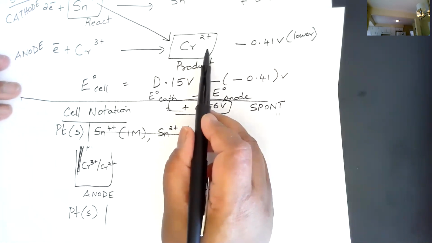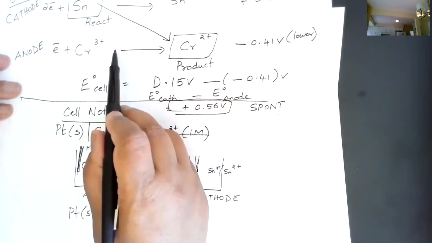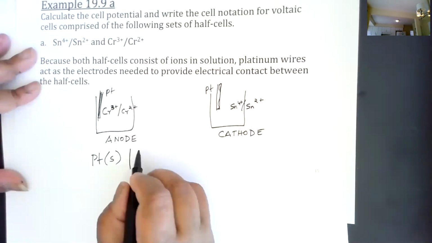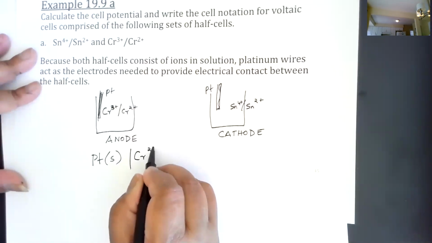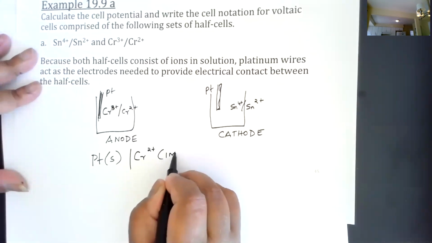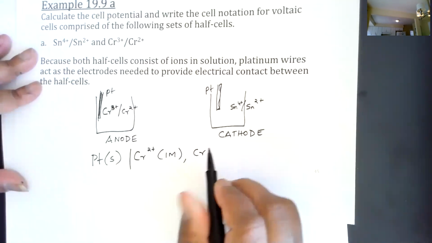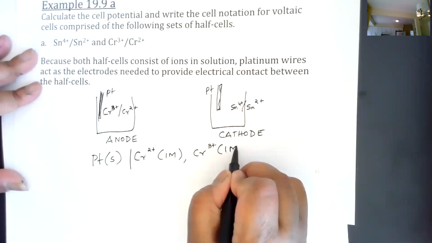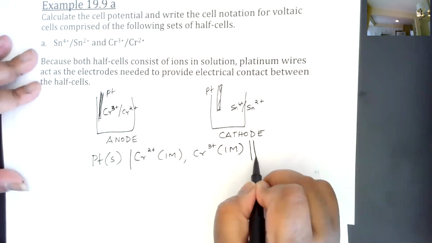See that? Cr2+ is going to give Cr3+ in the anode. So it is Cr2+, 1 molar, Cr3+, 1 molar, salt bridge.